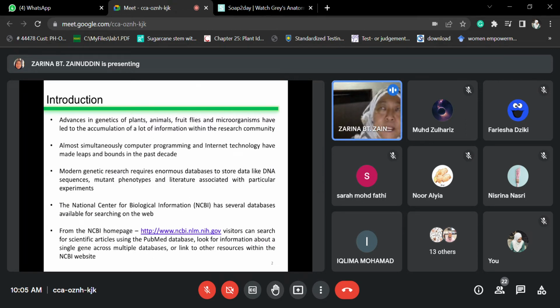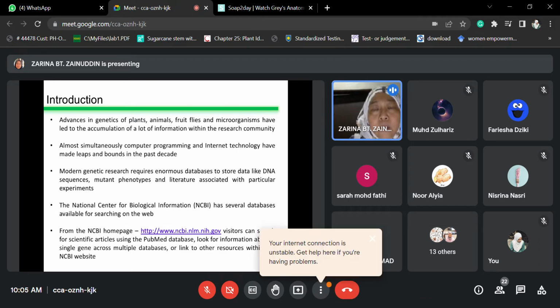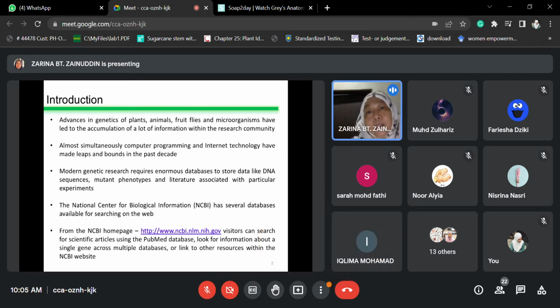Database is actually a web-based resource. We share information. So when scientists find some information, we deposit the data. Due to advances in genetics on plants, animals, fruit flies, and other microorganisms, scientists obtain a lot of information.